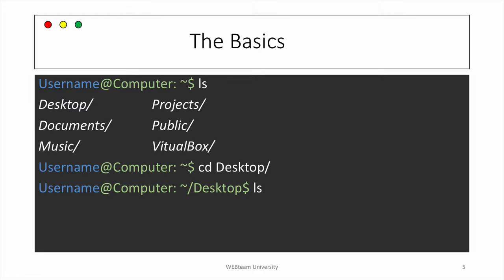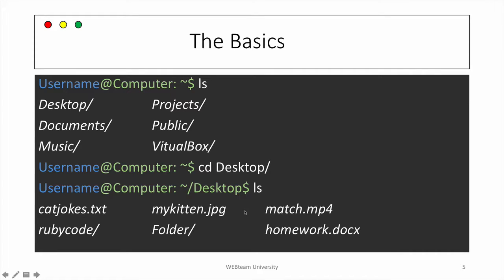And as you can see, my command prompt has changed, showing that I'm logged into the computer, and now I'm in the desktop directory. So when I issue the command ls, we're going to get a different response because we're no longer asking for the list of the user directory, we're asking for the list of the desktop. And it's going to list everything that I have on my desktop. So here I have some text files. I have a cat jokes text file.